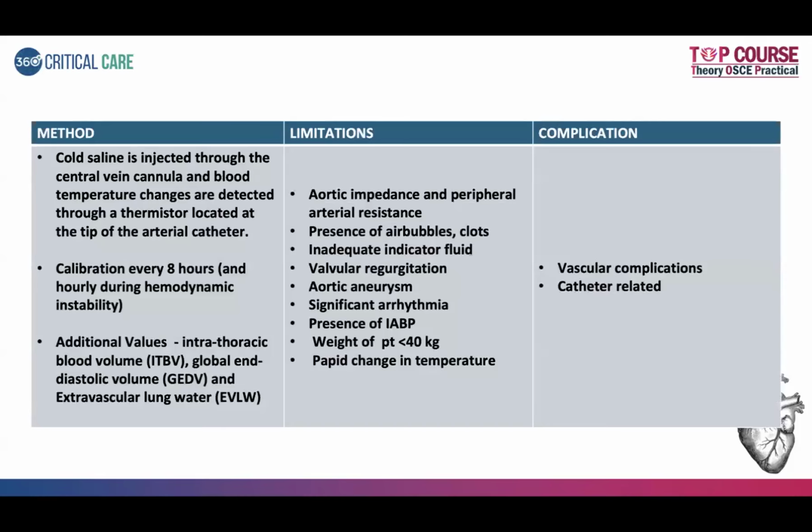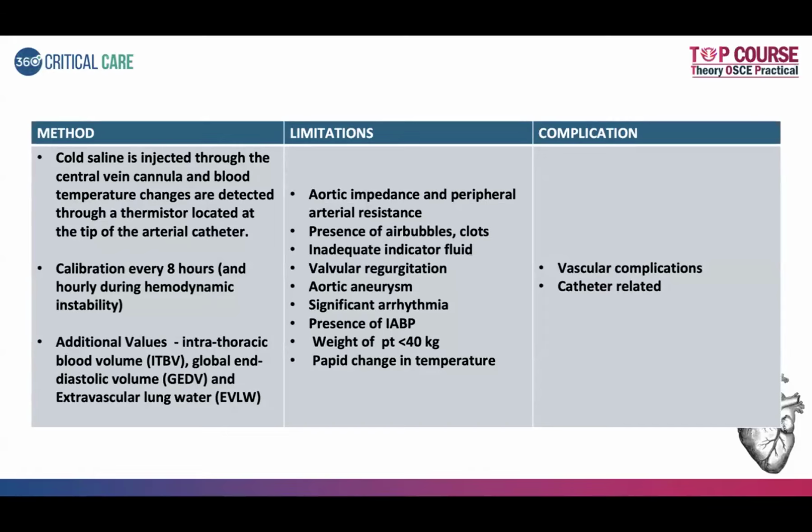That is called calibration. So cold saline goes through the central vein cannula, and the blood temperature change is picked up through a thermistor located at the arterial catheter. The calibration should be done every 8 hours, or whenever there is hemodynamic instability, you have to do it much more frequently.